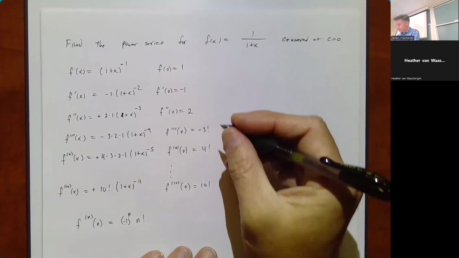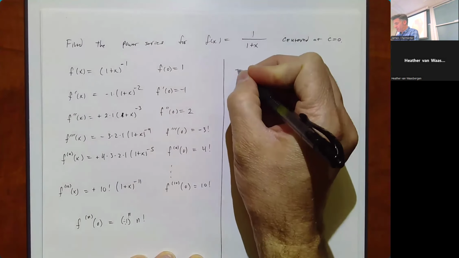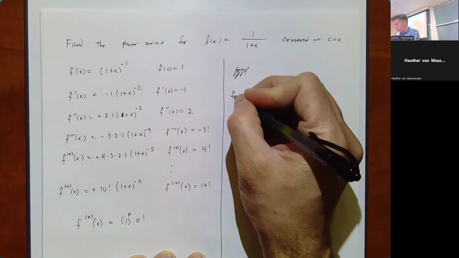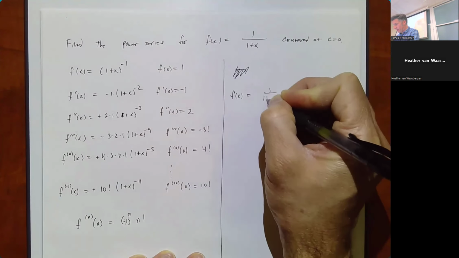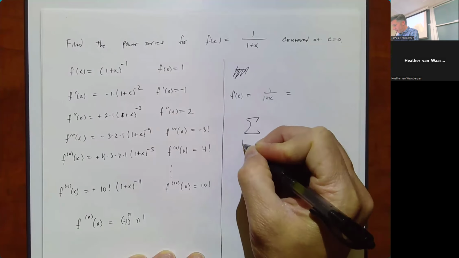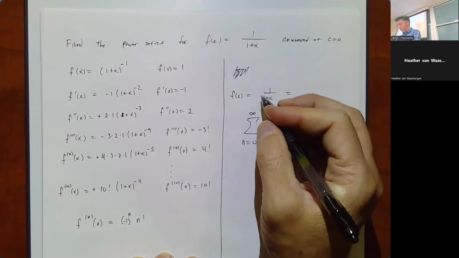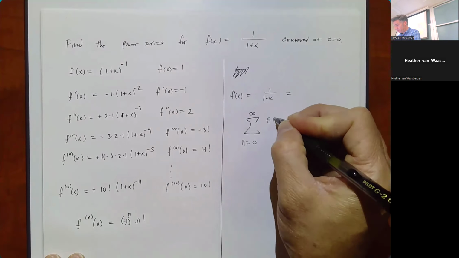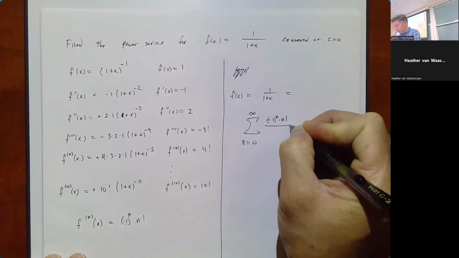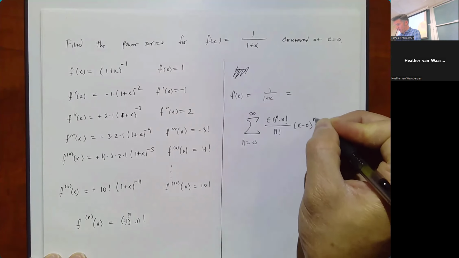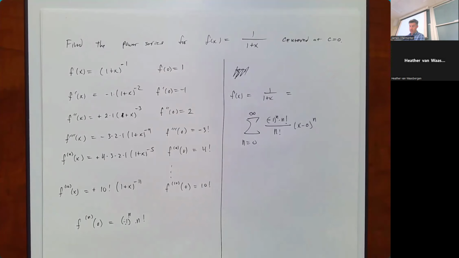So then we can say, I should back up there a little bit. We can say that our function f of x equal to 1 over 1 plus x, we can write as the sum from n equals 0 to infinity of our nth derivative at 0 formula, which is just -1 to the n times n factorial, divided by n factorial times x minus 0 to the nth power, which we should certainly simplify.